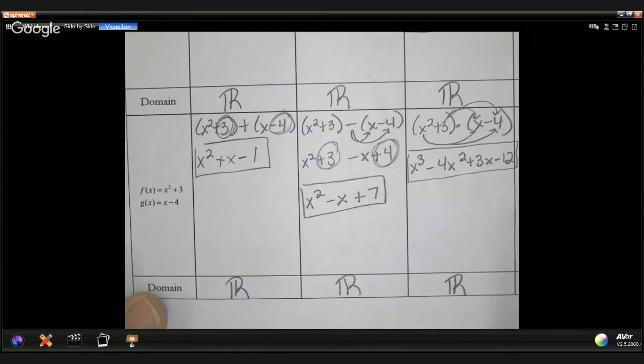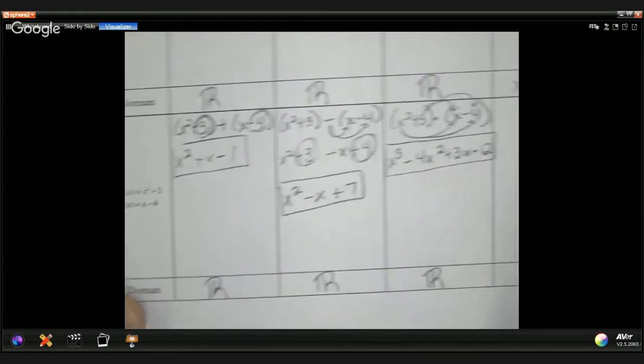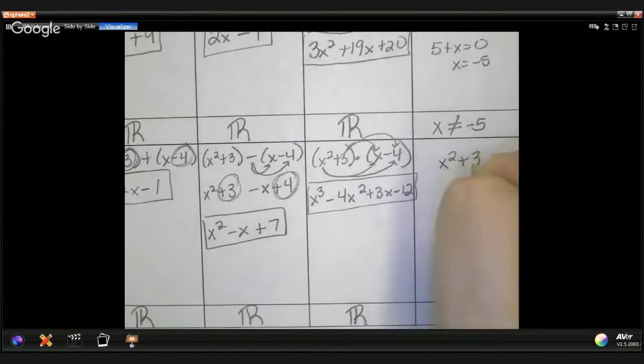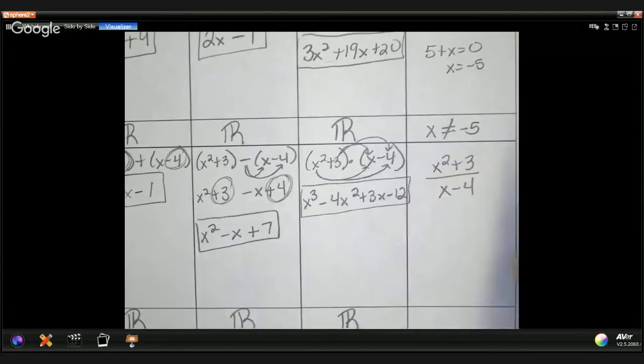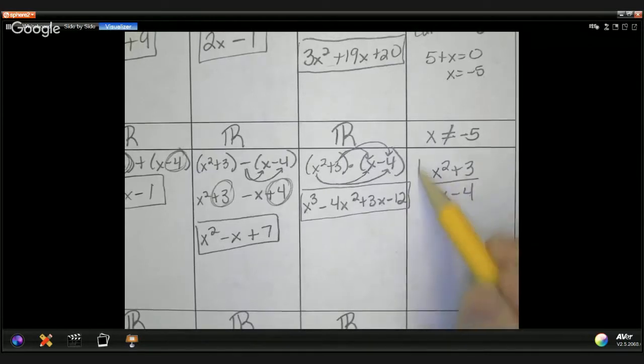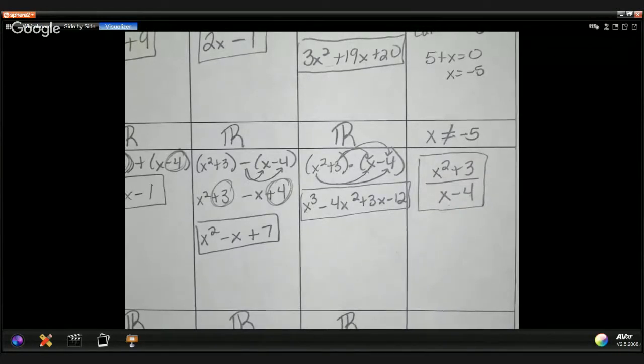All right, so let's go to the last one where I have to divide. And so it is x squared plus 3 over x minus 4. I can't reduce these because in order for me to cross something out, it has to be an x minus 4. And so this is my answer because there's nothing to reduce.